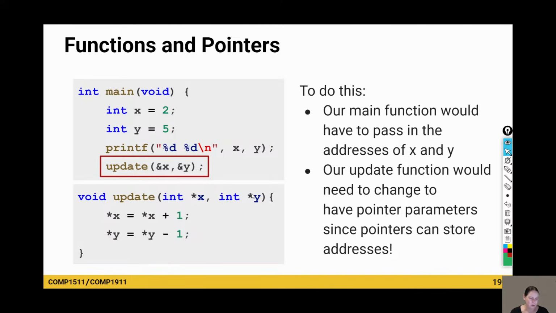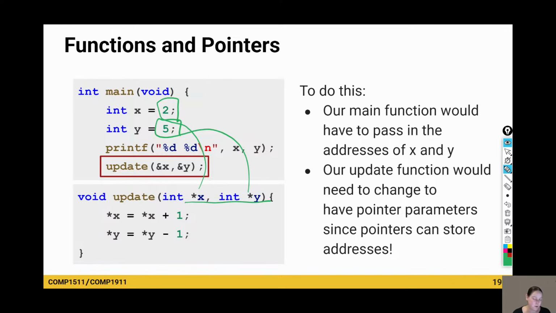And then once we've got pointers, if we want to go back to those values, so let me just draw this. Here, instead of passing in the values 2 and 5, which are just copies, it's passing in the addresses of these original variables, right?